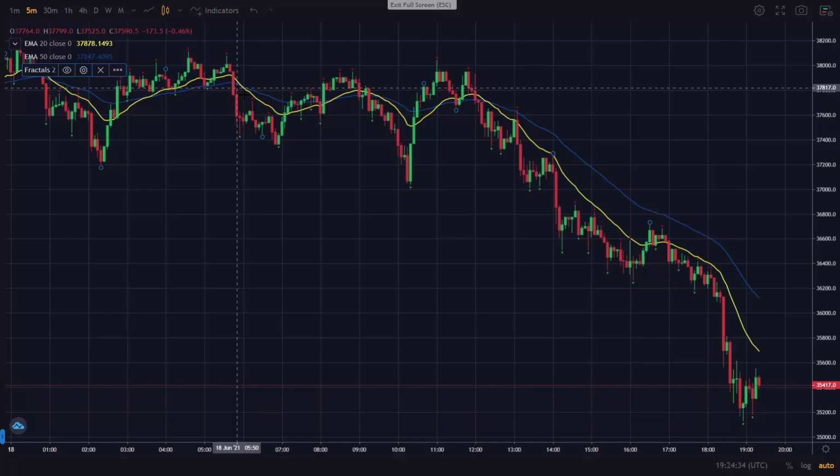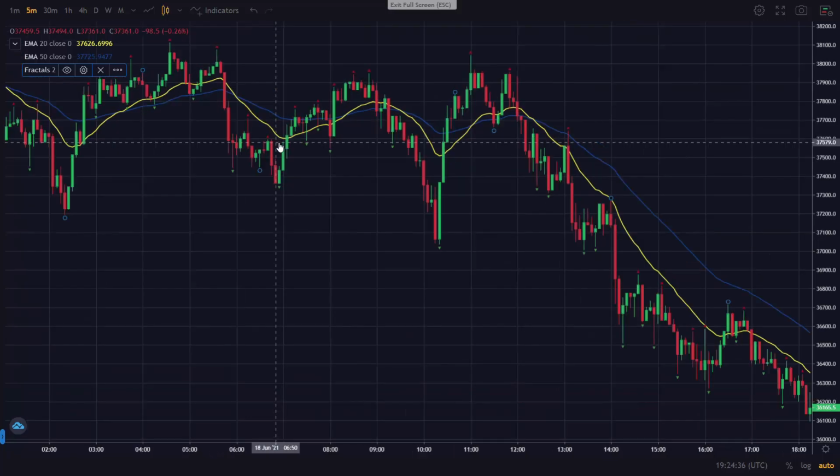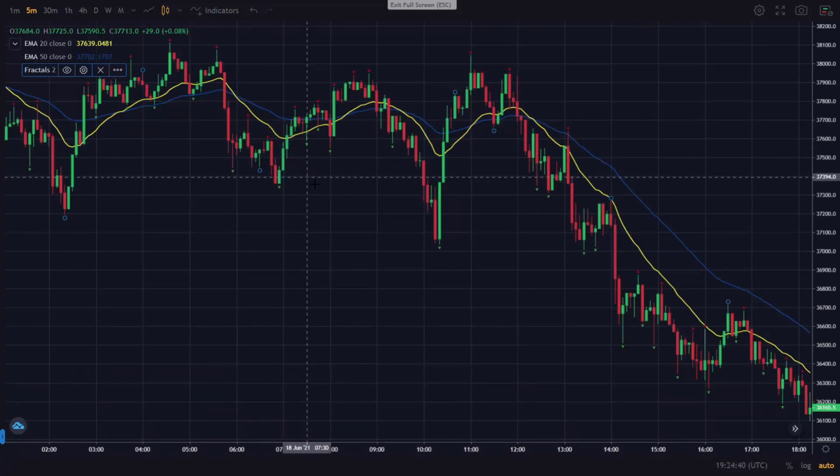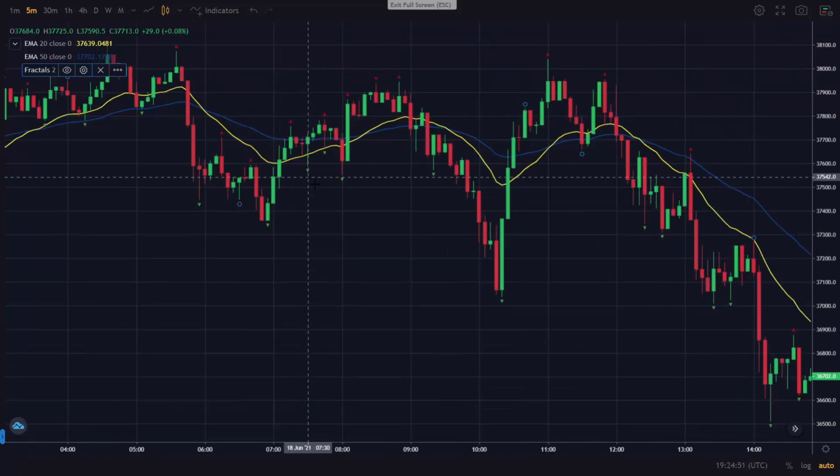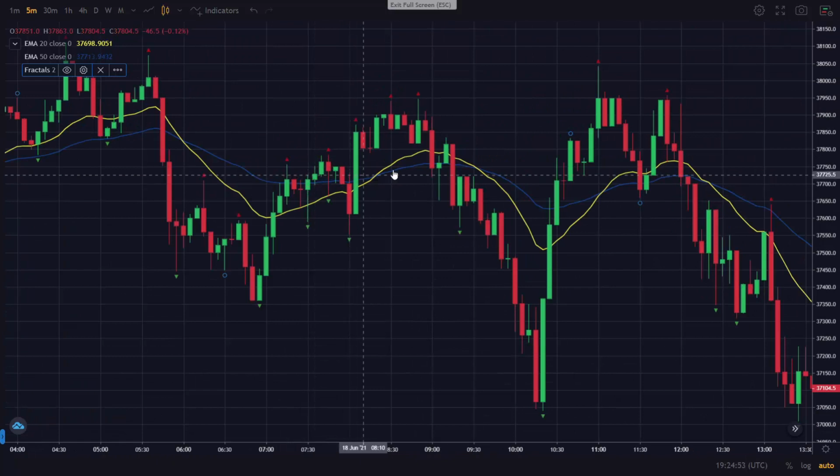But one thing you have to note about the Williams fractal, which is very, very important for this strategy, is that, as I said, the Williams fractal signal is comparing the most extreme points compared to candlesticks around that specific candlestick. So one thing you need to note is that it does take two candlesticks for the signal to appear because it's comparing the candles around.